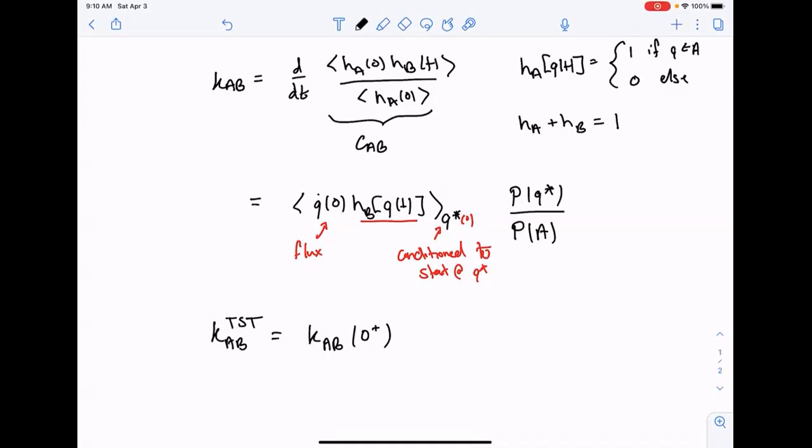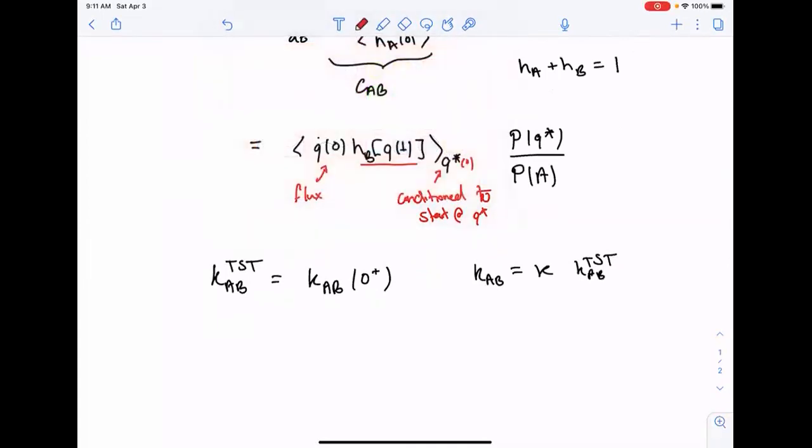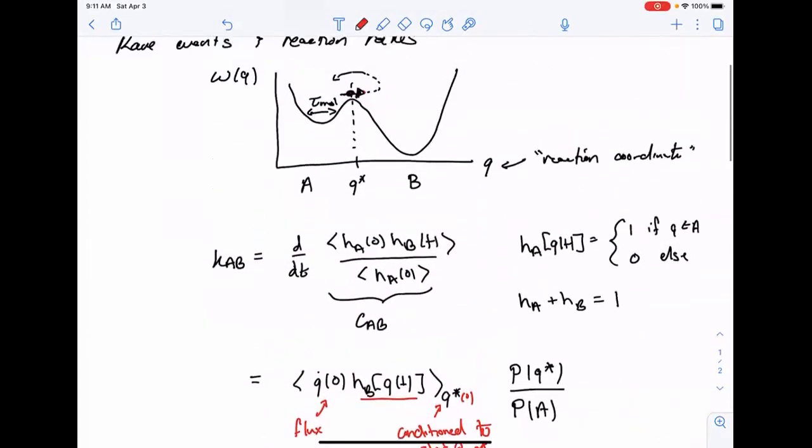That, of course, is an approximation, and it turns out that it's an approximation which leads to a variational bound, namely the exact rate is given by the transition state theory rate times a factor, the so-called transmission coefficient, which is less than or equal to 1 and accounts for all of those recrossing events that occur at the top of the barrier.